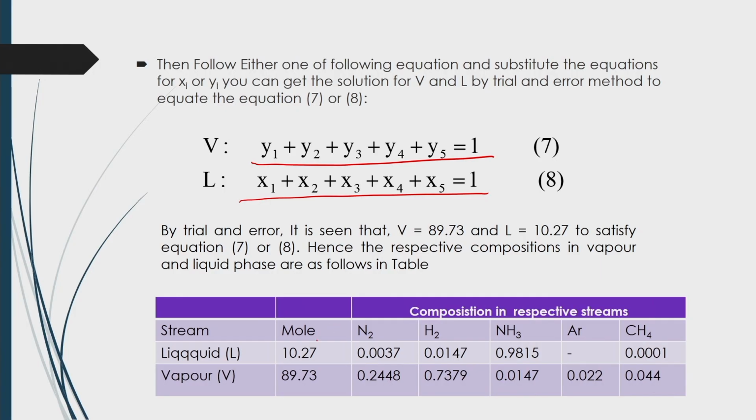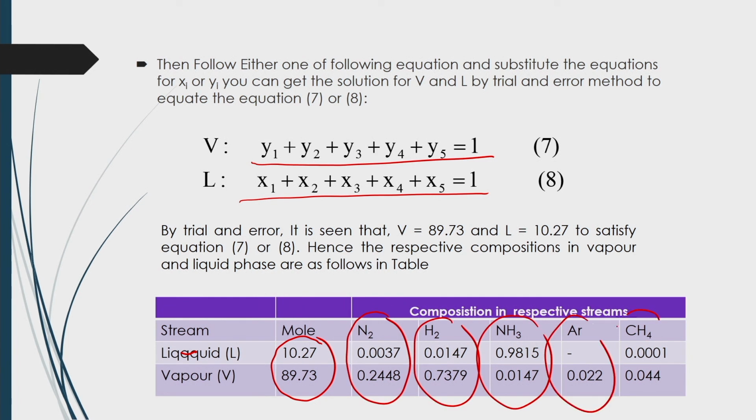Now, once the liquid and vapor amounts are finalized, at this amount we can say what the vapor composition and the liquid composition are for all components: nitrogen, hydrogen, ammonia, argon and also methane.